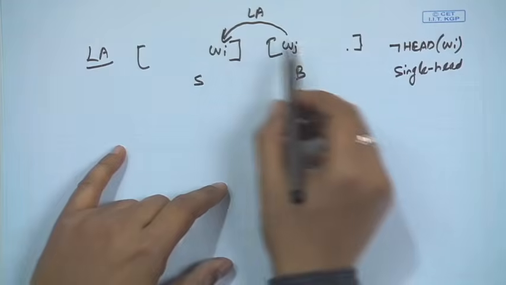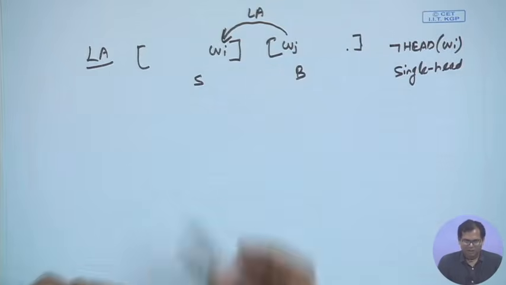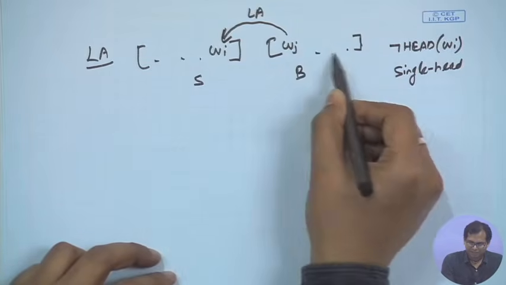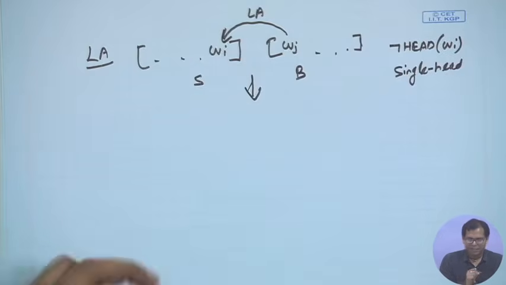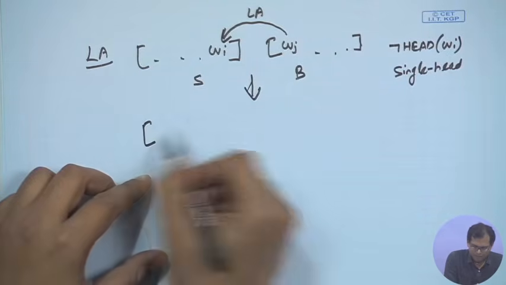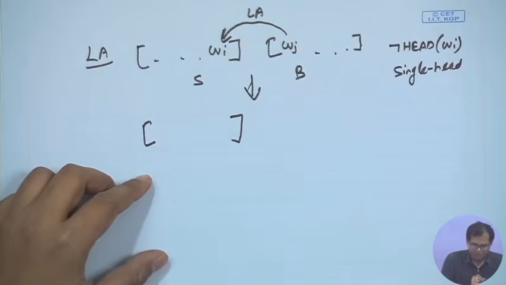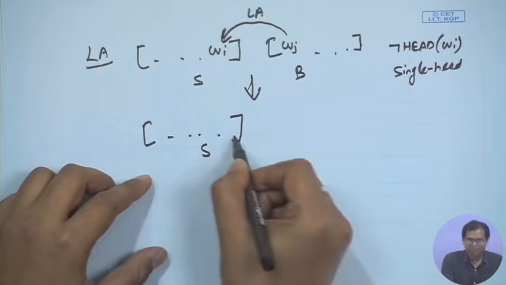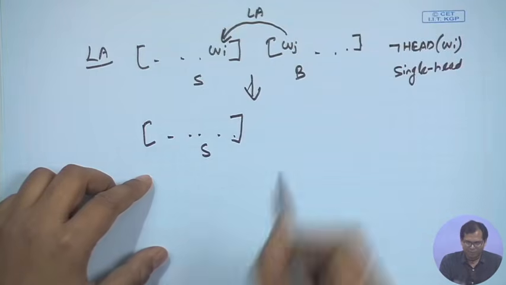Now, suppose I apply left arc. I start with a configuration like that. What is my resulting configuration? The resulting configuration would be: I will remove Wi from the stack, so it will contain all the words except Wi.